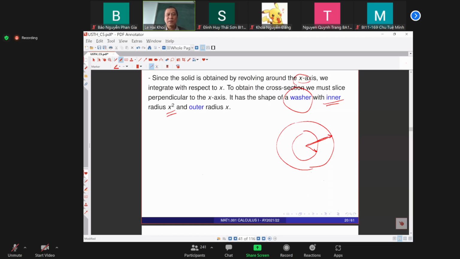So you take the area by x, and the area by x squared is smaller. This is R big x, this is R small x. You take the difference of the area of the two, and you get the answer.